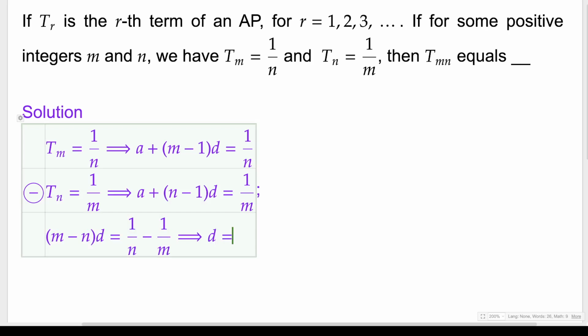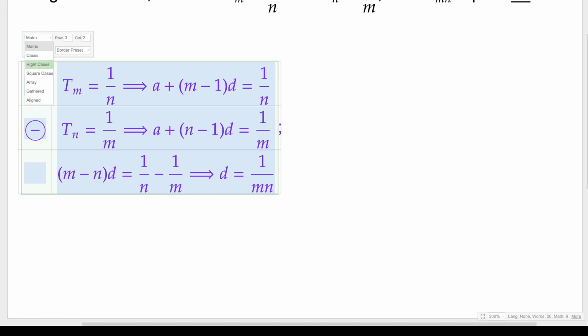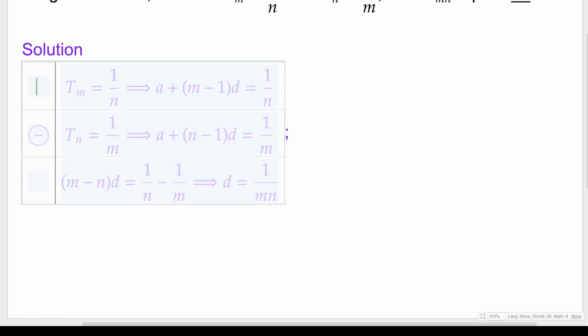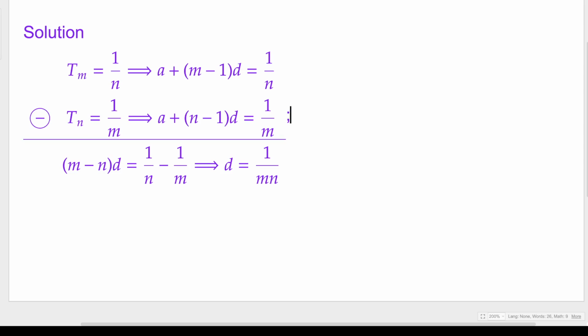So this implies that d is equal to 1 over the product of m and n. So that is the basic idea. Now this is the subtraction operation. Now I'll proceed towards the next step.